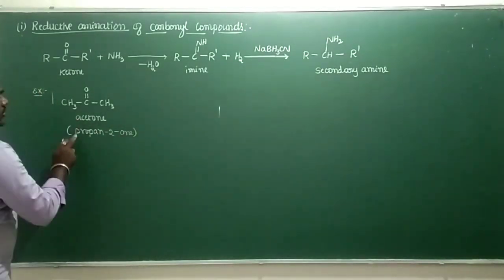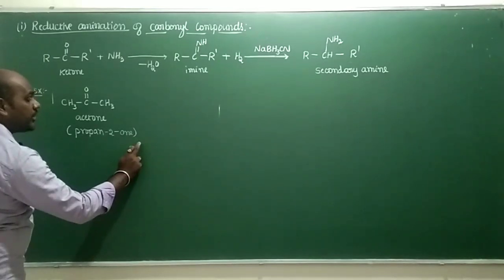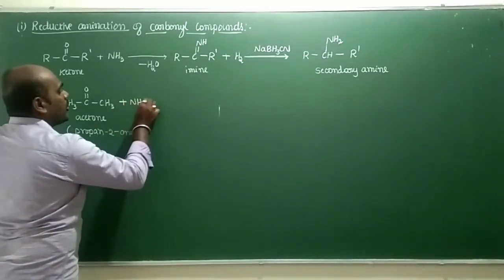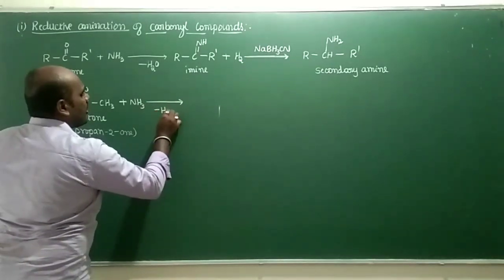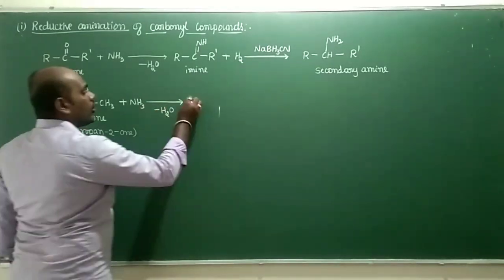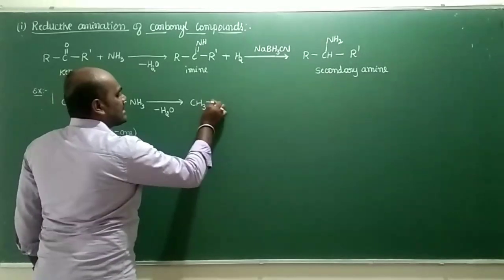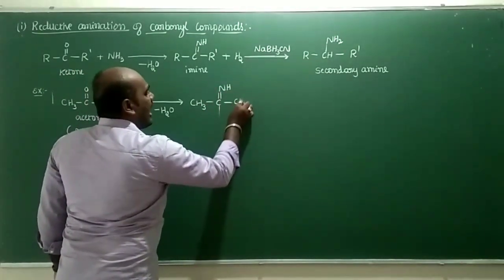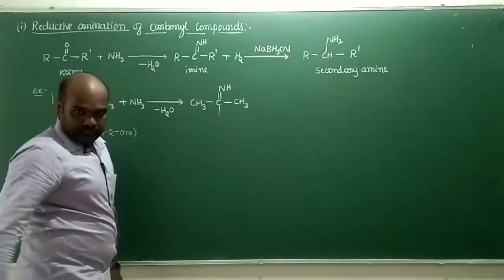So acetone, that is propan-2-one, on reaction with ammonia with the elimination of 1 unit of water molecule, first results in the formation of an imine.